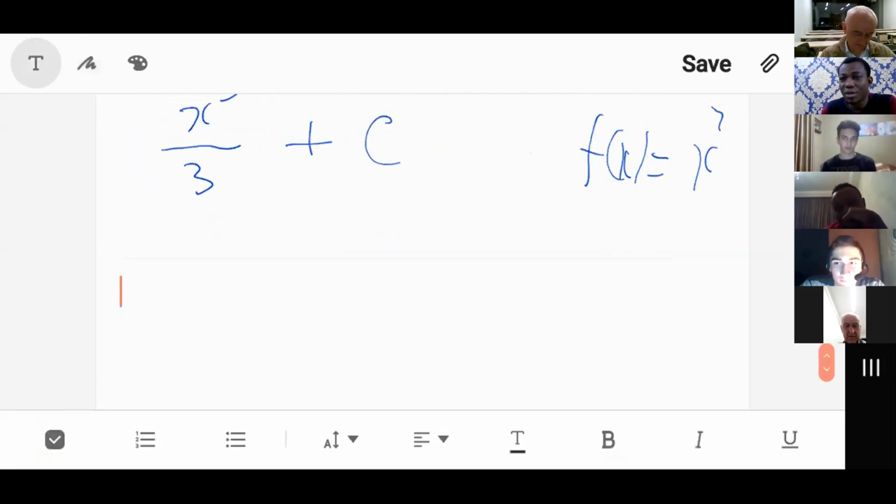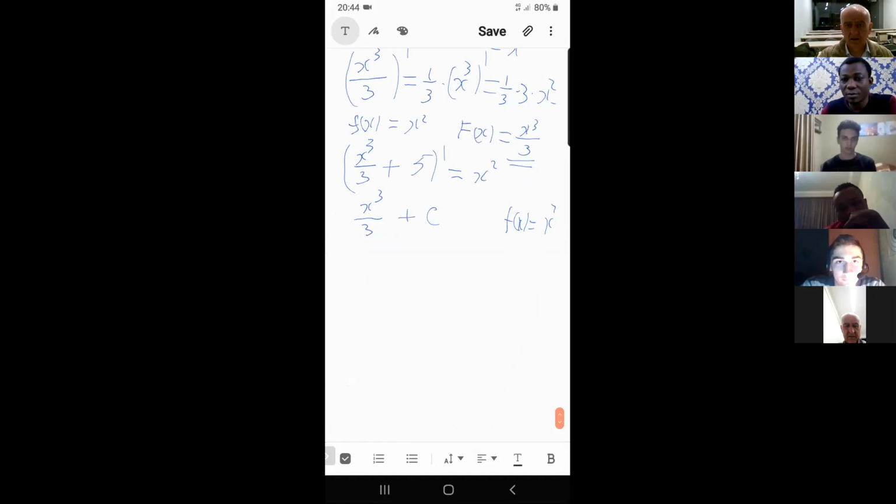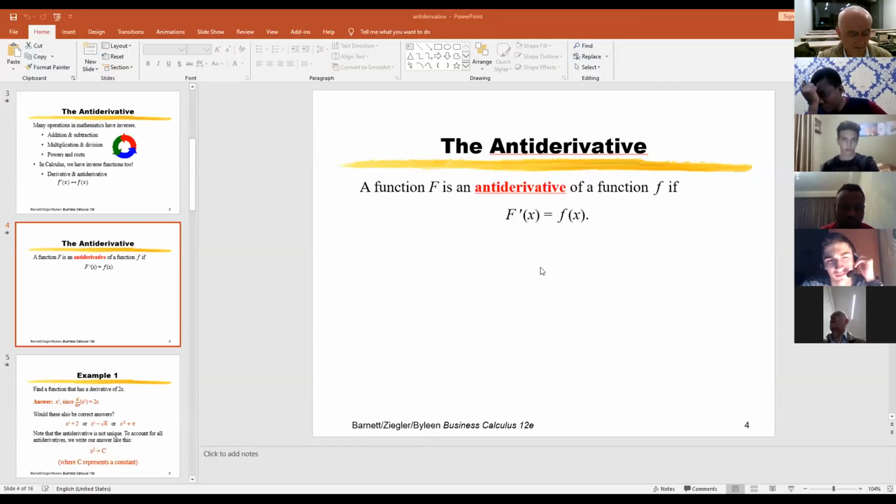Hey guys, do we agree? Just a minute. Luca, do you agree with that? Yes. That x cubed over 3 plus c is equal to x squared. I could not hear you clearly.